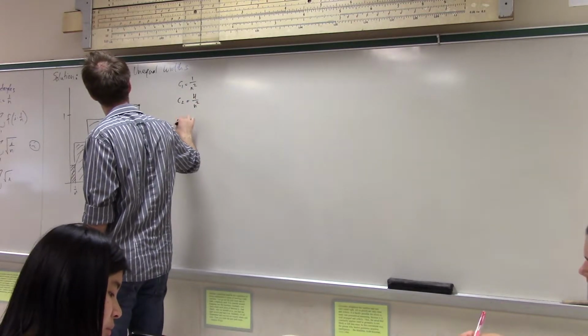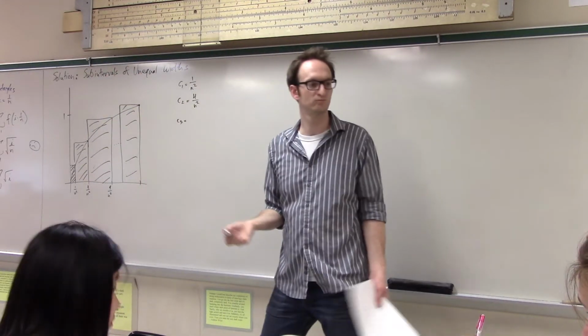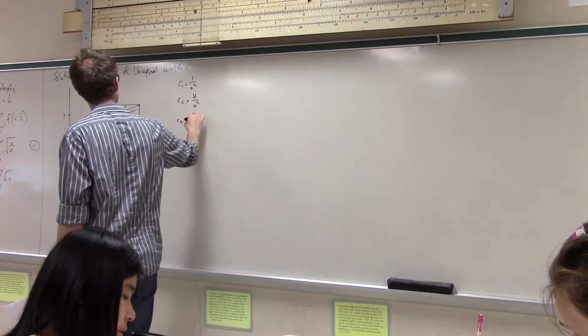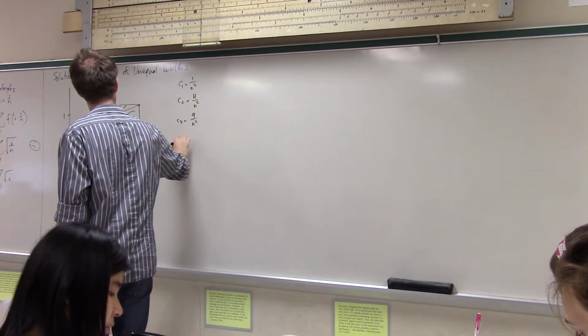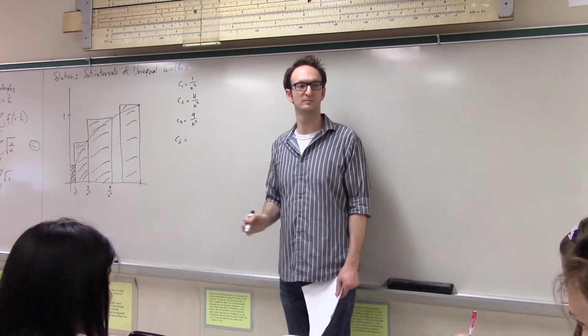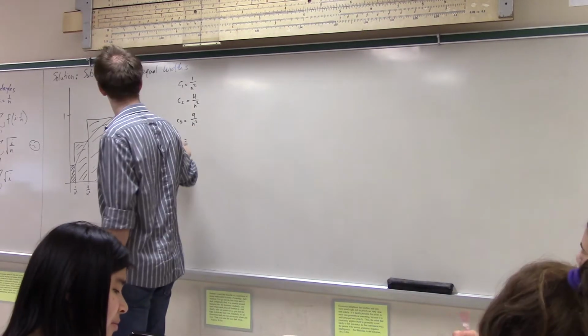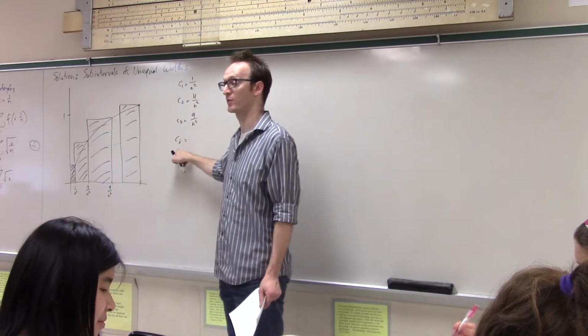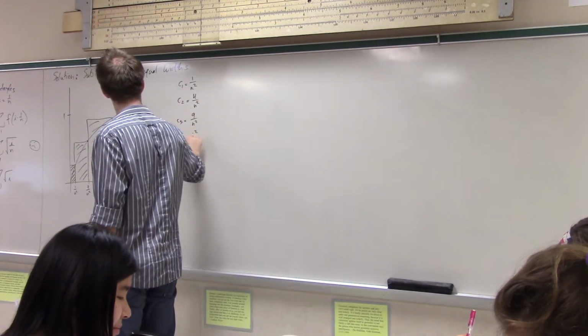What's C sub 3? 9 over n squared. Is this all making sense, everybody? Alright, so what is the formula for C sub i, the right endpoint of the ith subinterval? In general, i squared over n squared. Yup, i squared over n squared.